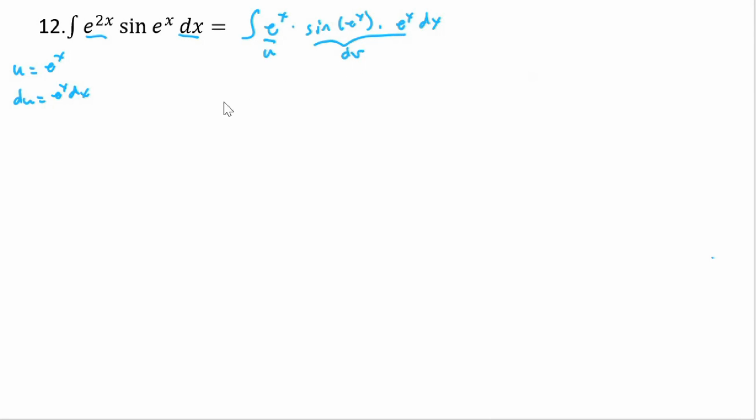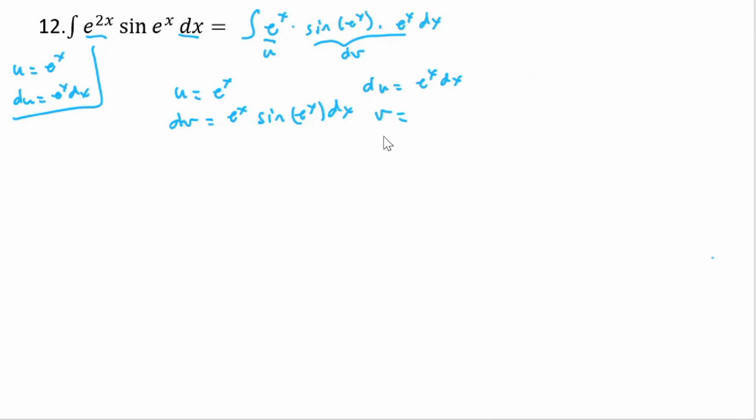So we can write u is equal to e raised to x and dv is equal to e raised to x sine of e raised to x dx. Then the derivative of u, we have du is equal to e raised to x dx, and v now is equal to, we need to solve for v in this case.